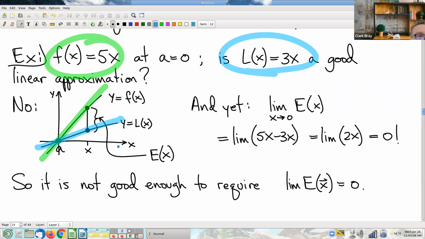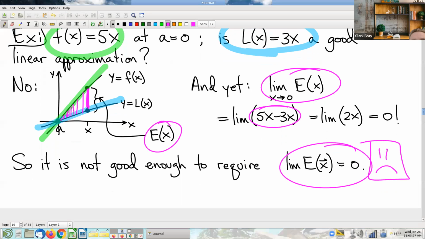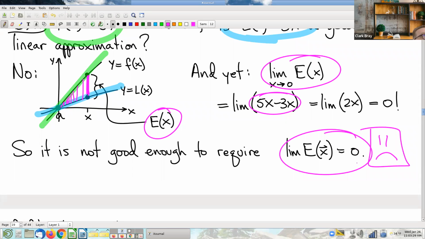And yet, if you look at the error, the error is that minus that. There's the error. The error is approaching 0 as you approach the origin. So that makes me not like this idea of just making sure the error goes to 0. The error can go to 0 for even bad estimates.